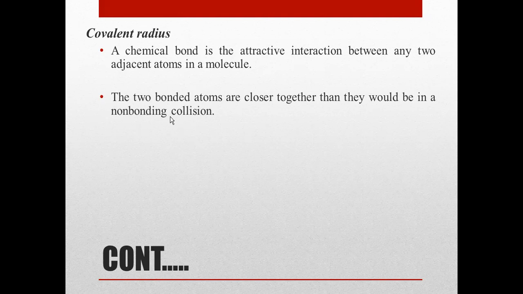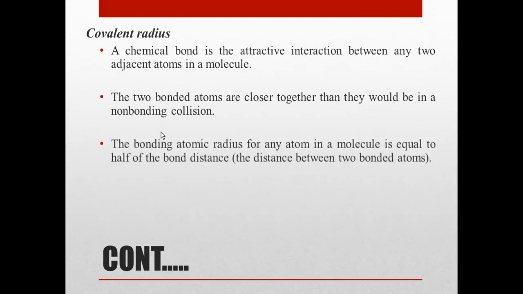So here there is attraction, they are much closer. So the bonding atomic radius for any atom in a molecule is equal to half of the bond distance, the distance between the two bonded atoms.